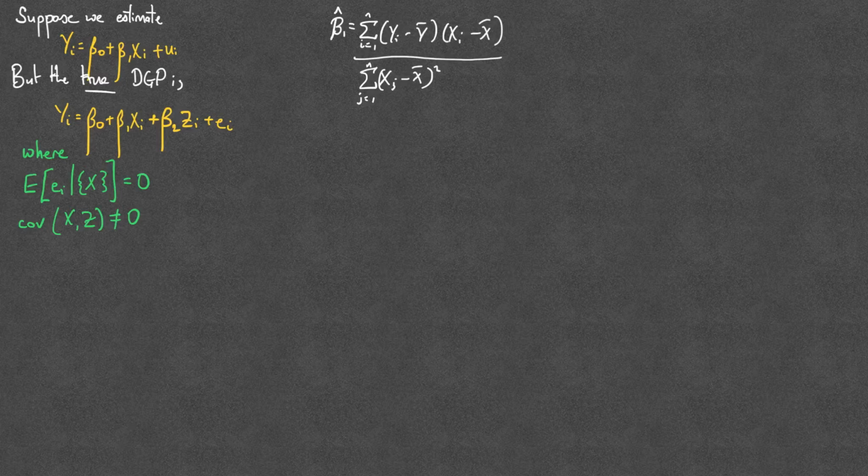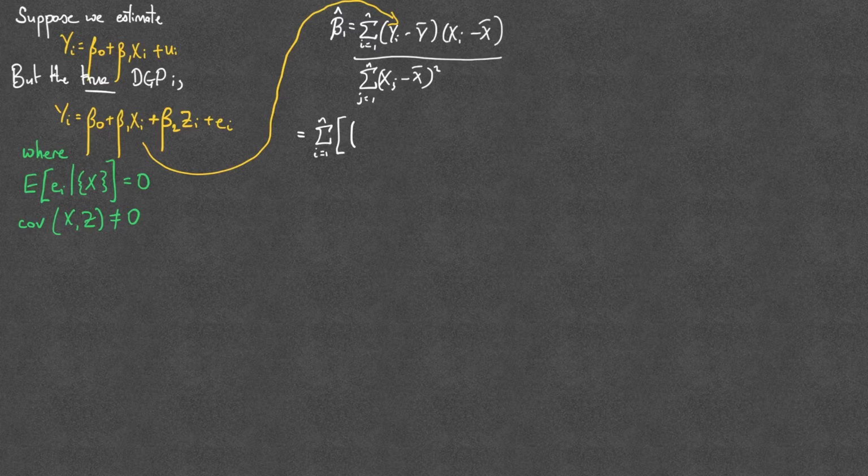So what we're going to do is substitute our data generating process in the place of y within our estimator. So we can rewrite this as the sum from i equals 1 to n, and then we're going to substitute in for yi and y bar. So we're going to find the sample mean of this, and subtract it from each individual observation of y.